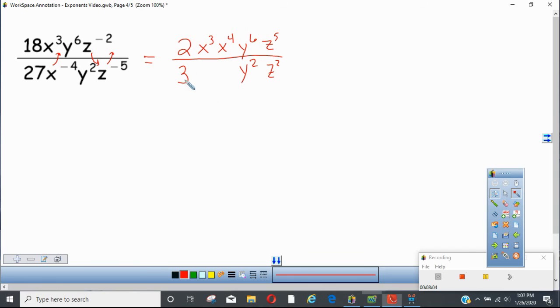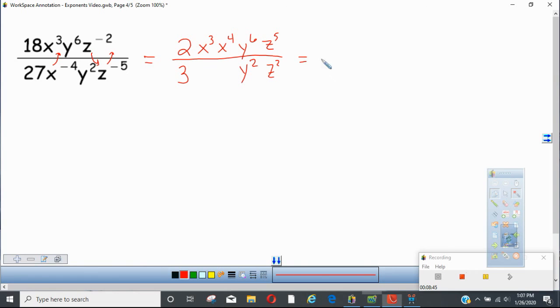And so the big numbers would divide and the little numbers would subtract. But right here, I don't have x's on top and x's on the bottom. They're both on top, which means that even though this is division, this is not being divided. When they're both on top, or even if they were both on the bottom, that means that they're being multiplied. So we go back to the rules that we learned with multiplying, that you would multiply the bigs but add the smalls.